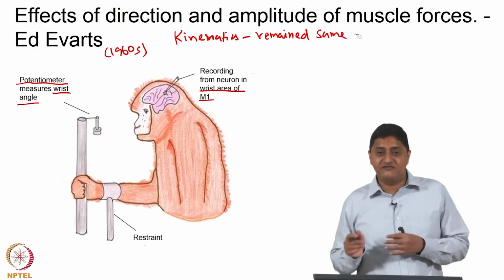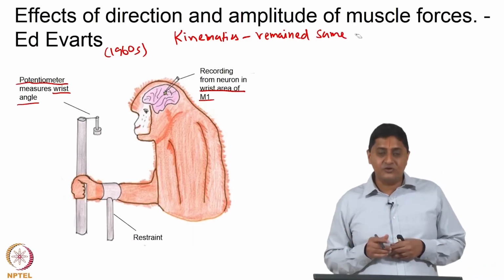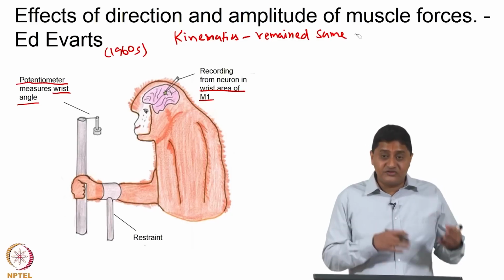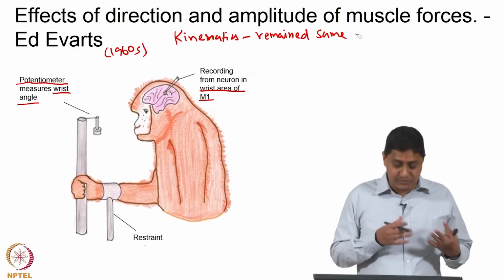In the case where the load assisted flexion, flexion was easier to perform, is it not? In the case where the load opposed flexion, flexion was harder to perform.